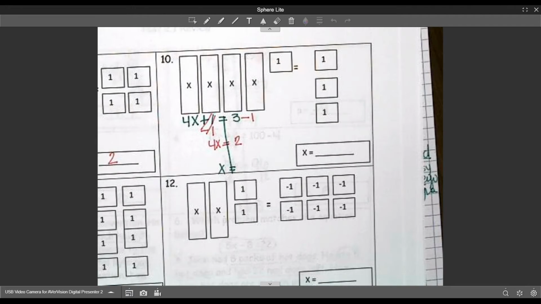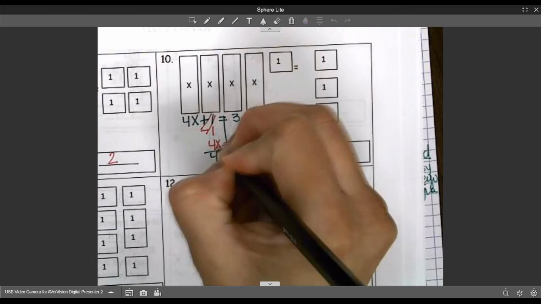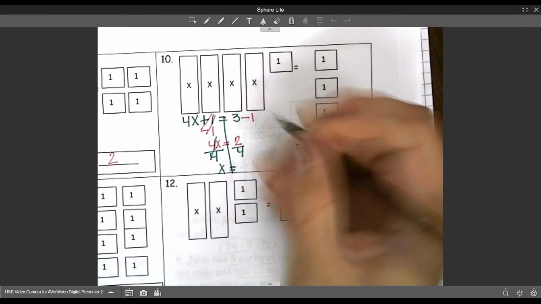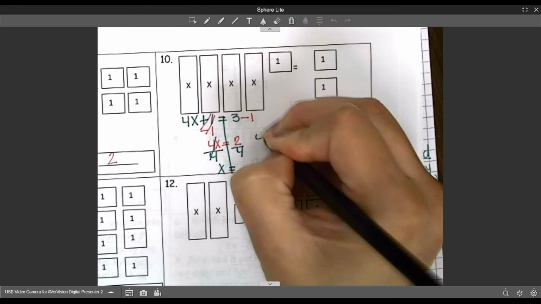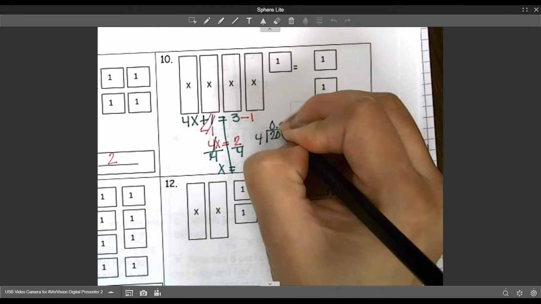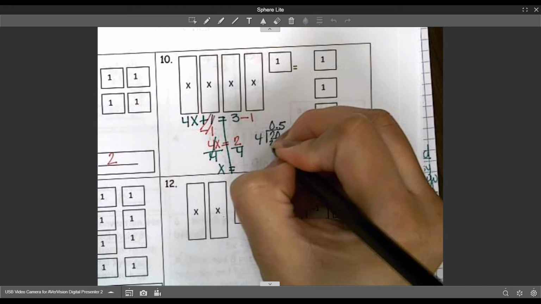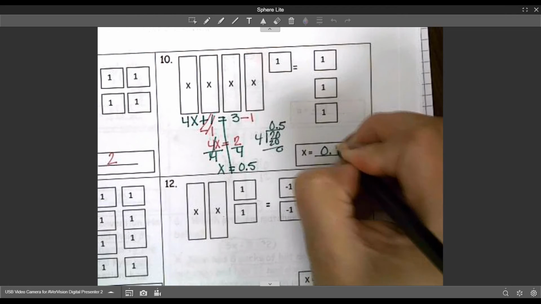What is my next step? Yes, very good. I'm going to divide by 4. X is 2 over 4. So I'm going to do 2 divided by 4. It goes in 0, add a decimal, add a 0, 0.5. So X is 0.5.